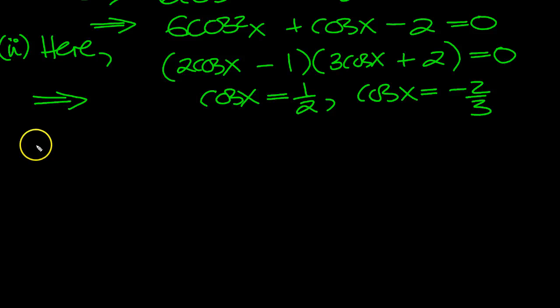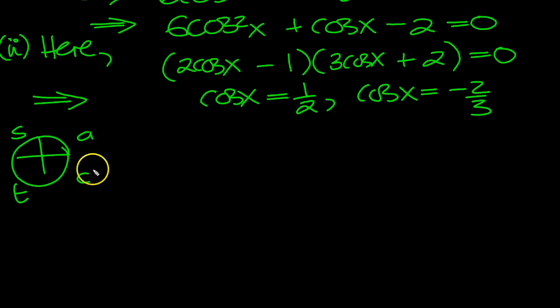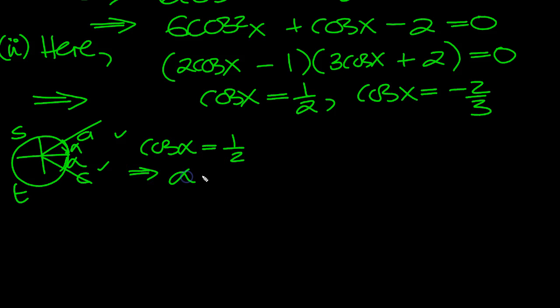So let's look at this one. Draw a circle, right, CAST. Cos is positive here and here. So draw 2 lines because cos is positive. Mark off the alpha, the associated acute angle, and simply write cos alpha equals a half. That tells us what alpha is. Cos of 60 is a half, so alpha is 60 here.